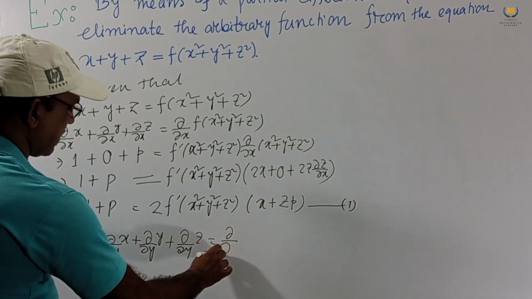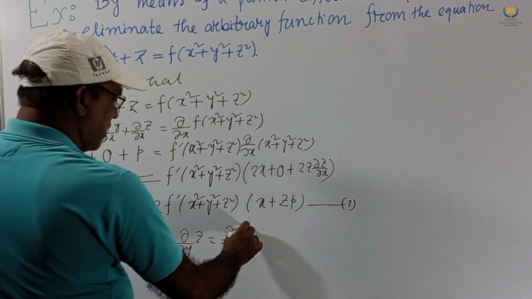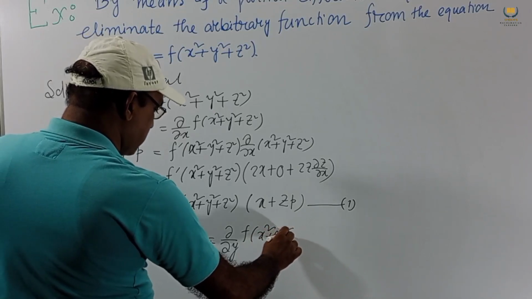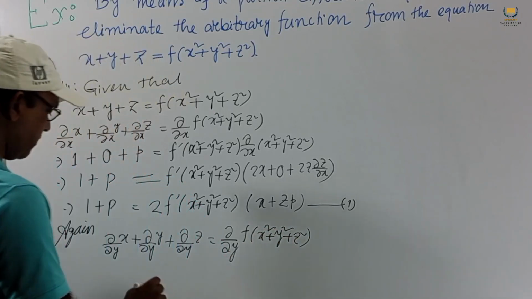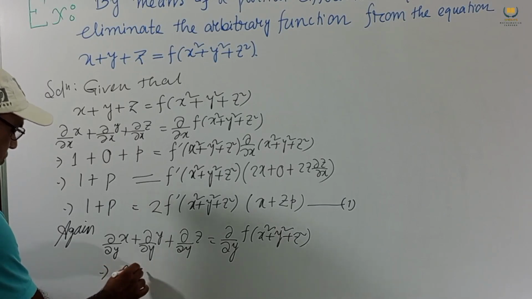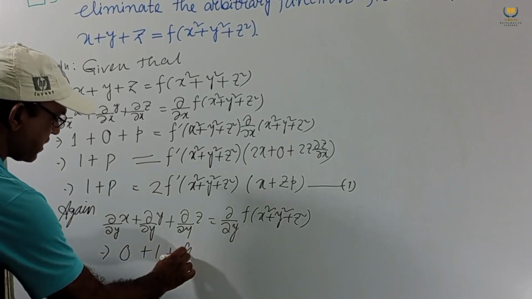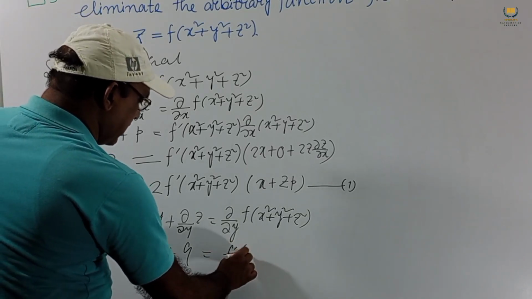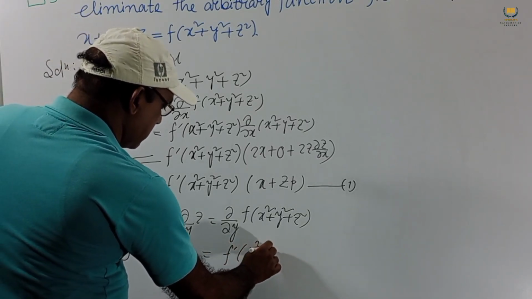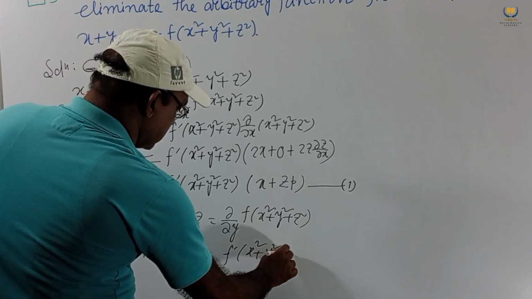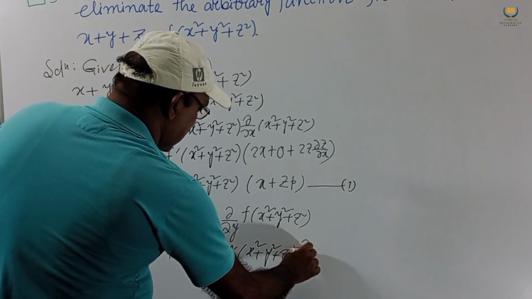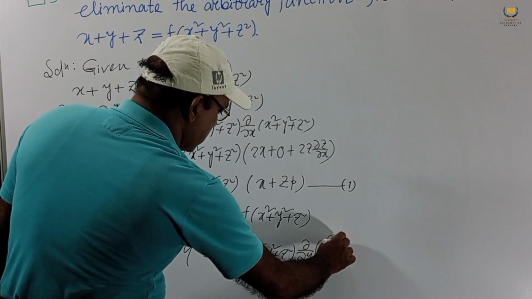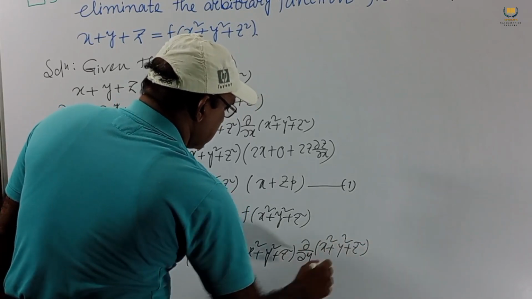This is ∂/∂y of f of (x square plus y square plus z square), and this is 0, this is 1, this is q, and if we write directly, this will be f dash (x square plus y square plus z square) ∂/∂y of (x square plus y square plus z square).